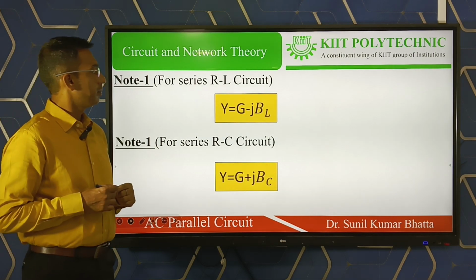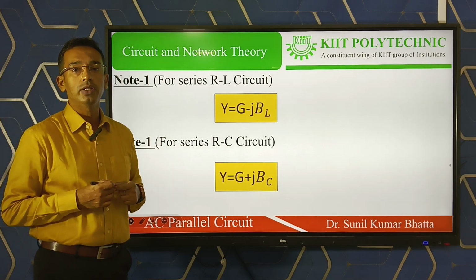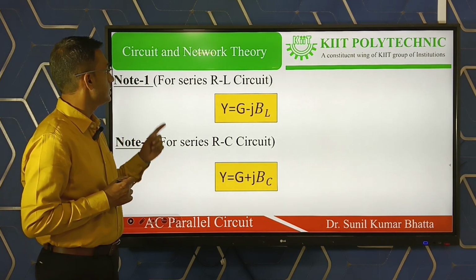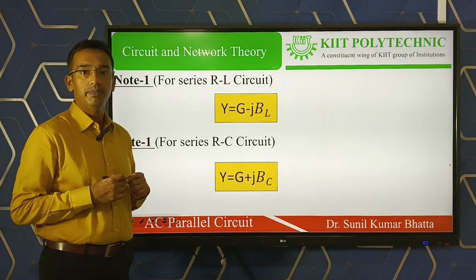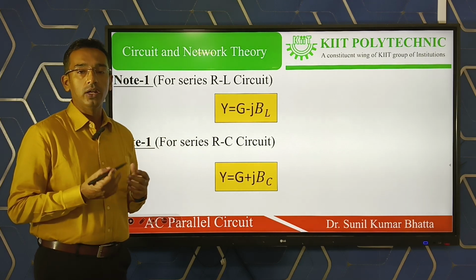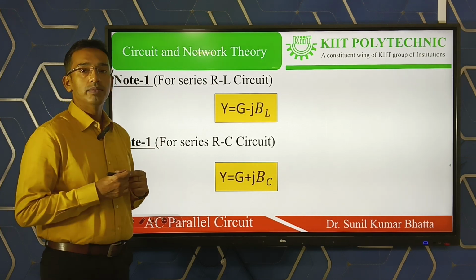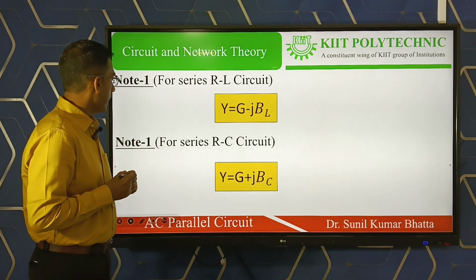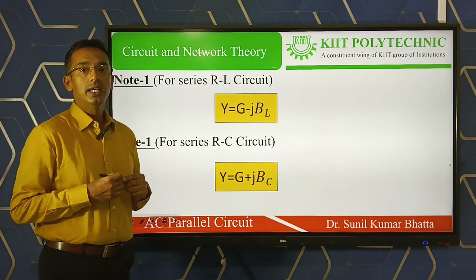Here Y equals G plus or minus jB. Where is it plus and where is it minus? For a series RL circuit, Y equals G minus jBL. BL stands for inductive susceptance, because the RL load has inductive reactance, so jBL is written. For a series RC circuit, Y equals G plus jBC.